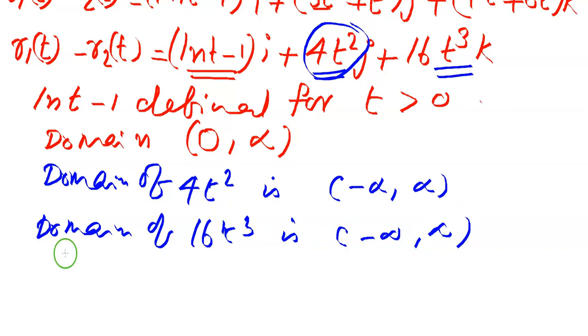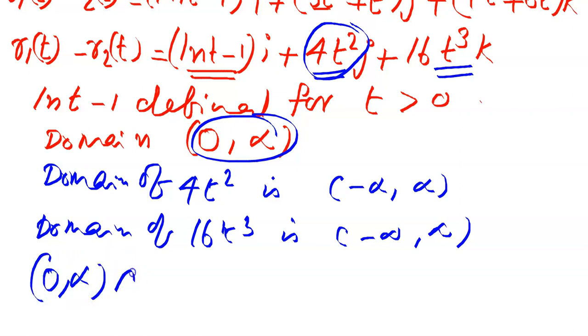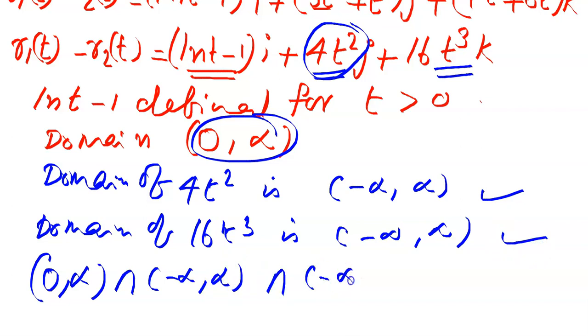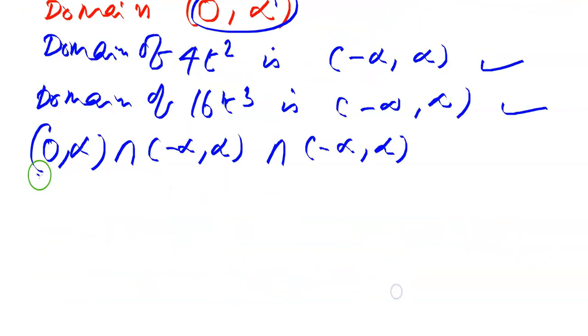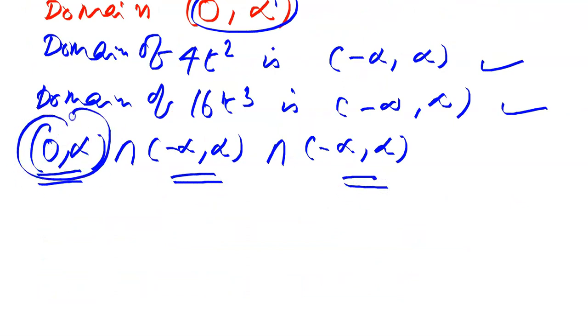Therefore, intersection of domain of function log t minus 1, 4t square and 15t cube is 0 to infinity intersection minus infinity to infinity intersection minus infinity to infinity. മൂന്ന് ടേമിലും കോമൺ ആയിട്ടുള്ളത് 0 to infinity.